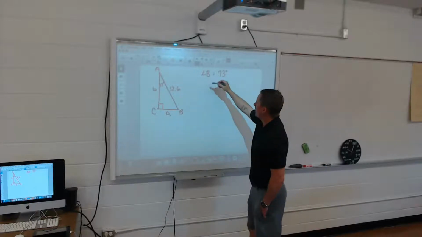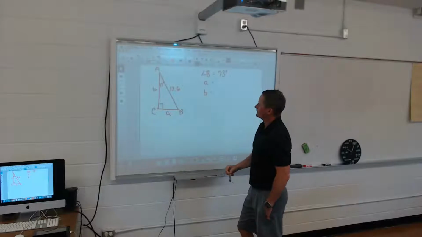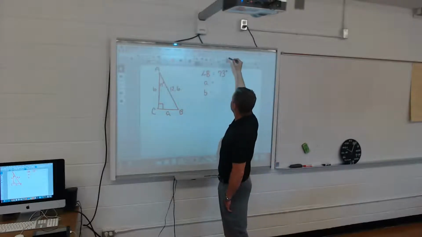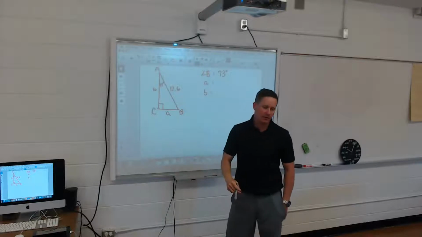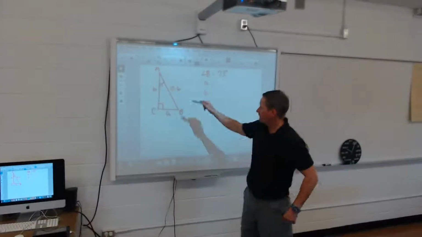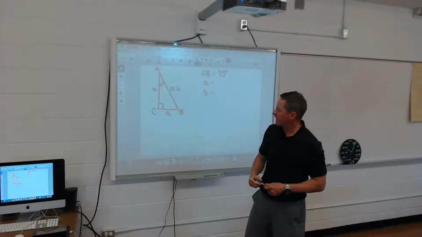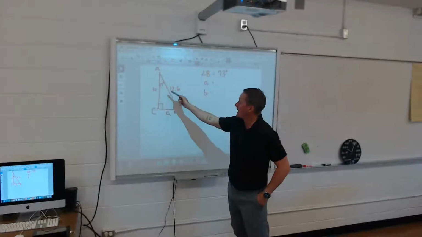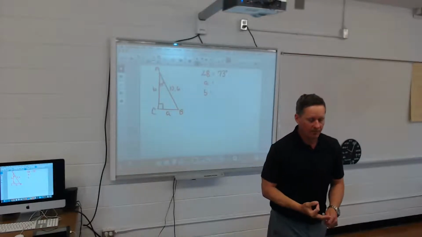All right, so now I need side A and side B. And I say to myself, okay, I'm given 17 degrees, and I'm given 12.6. So I ask myself every single time, where is side A in relation to 17? Opposite, adjacent, or hypotenuse?